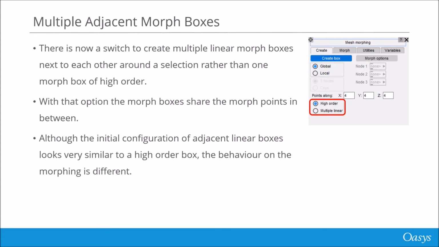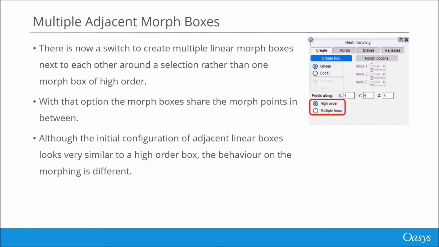In version 16, we introduced higher order morph boxes, which allowed you to create morph boxes with lots of control points to give you greater control over the shape of the mesh when morphing. We've now added a new switch that allows you to switch between higher order or multiple linear morph boxes when creating multiple control points.